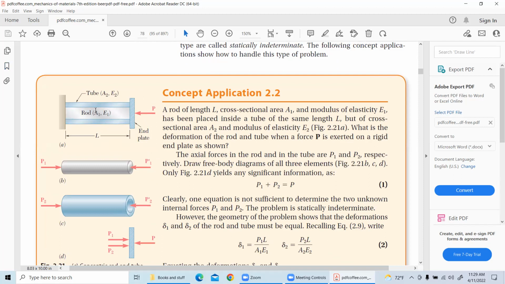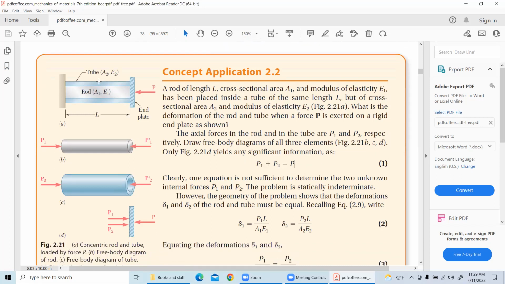For this statically indeterminate problem, one equation comes from the fact that the change in length of the tube is equal to the change in length of the rod. Just by statics, P equal to P1 plus P2 will not be sufficient. So the second will come from P1 L1 over A1 E1 equal to P2 L2 over A2 E2. Unfortunately, the lengths of these fellows are the same.